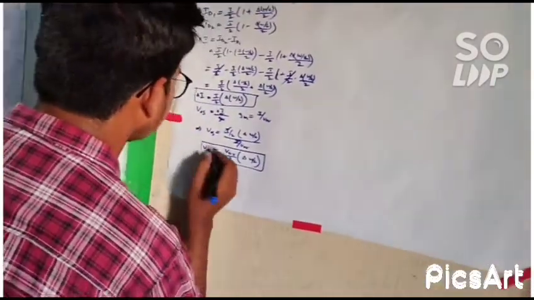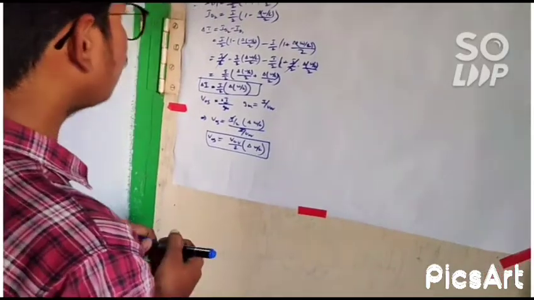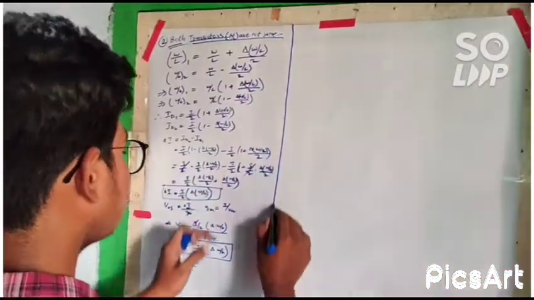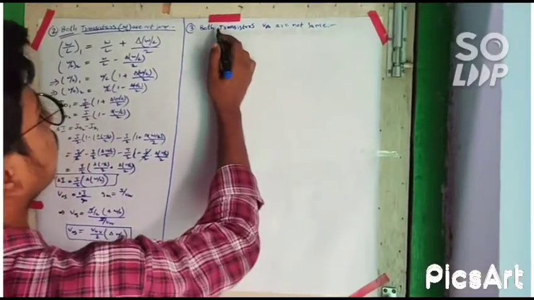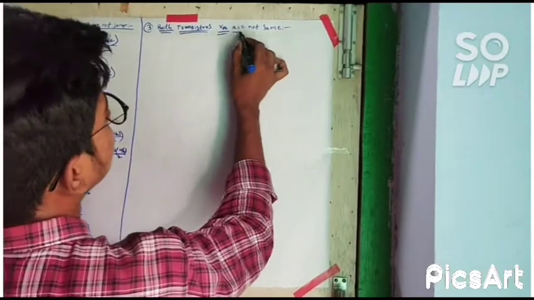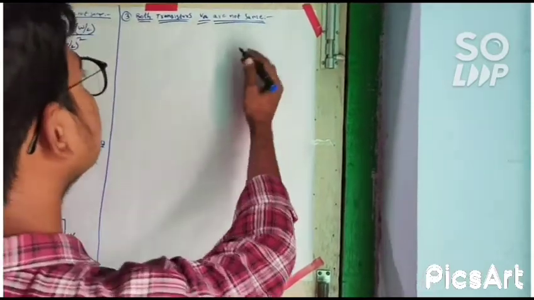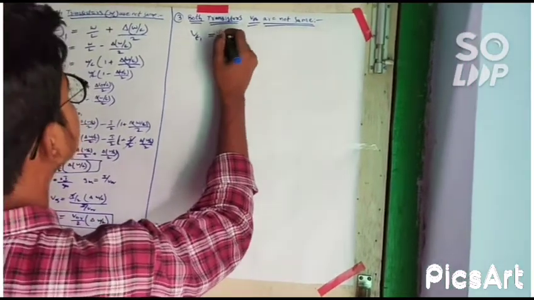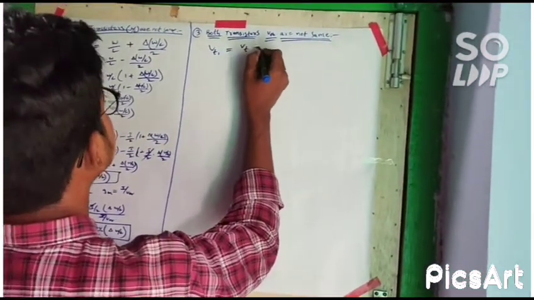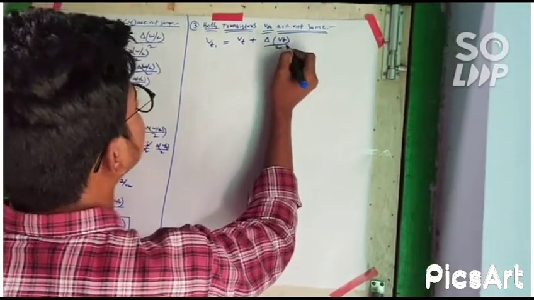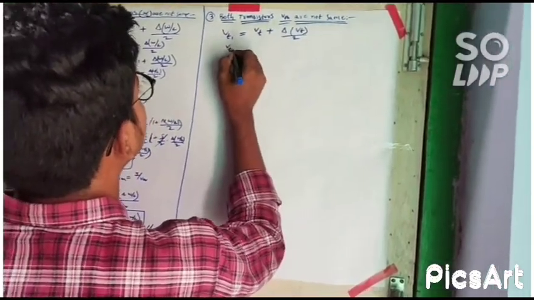Now we know that VOS is equal to delta I by GM. GM is the transconductance. GM is equal to I by VOV. Then substitute these values. Then VOS is equal to delta I, that is this value, I by 2 into delta W by L, by I by VOV.